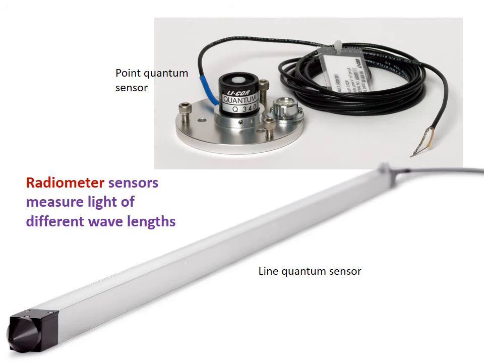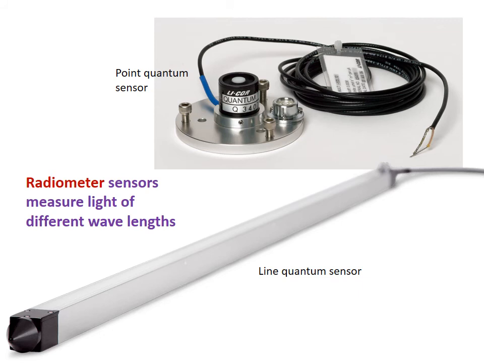For example, the figure on the upper part shows a quantum sensor. A quantum sensor is nothing but a sensor which measures the visible part of the spectrum. So that is also important for photosynthesis.